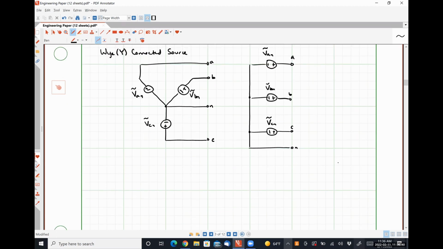So the first thing that I want to talk about are phase voltages. Okay. So a phase voltage is simply the voltage drop over one phase of a source or load.